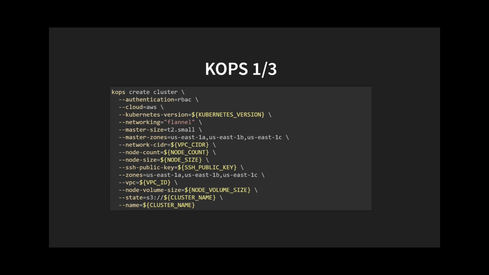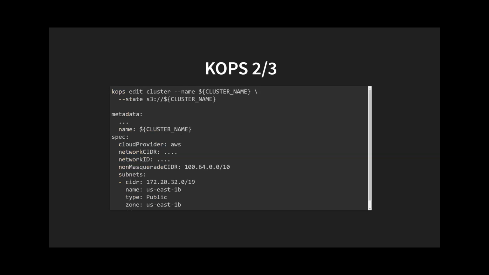So once we run this command, Kops is going to create a manifest file in the S3 bucket. And what we're going to have to do is edit that manifest file that lives in S3. So we can do that by running the Kops edit cluster command. This is going to open up our favorite editor. And we're going to have to make sure that the network CIDR and the network ID are consistent with our VPC.